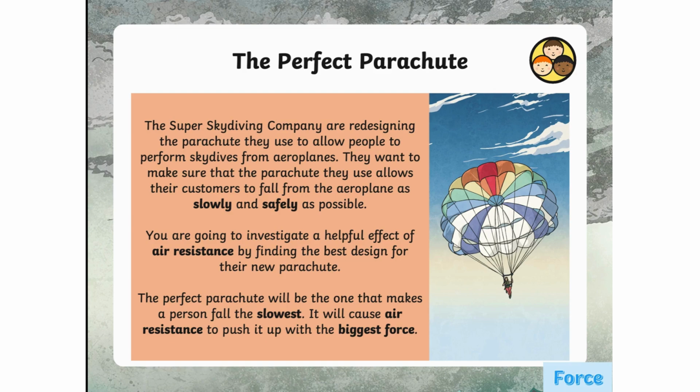You're going to investigate a helpful effect of air resistance by finding the best design for their new parachute. The perfect parachute will be the one that makes a person fall the slowest. It will cause air resistance to push it up with the biggest force.